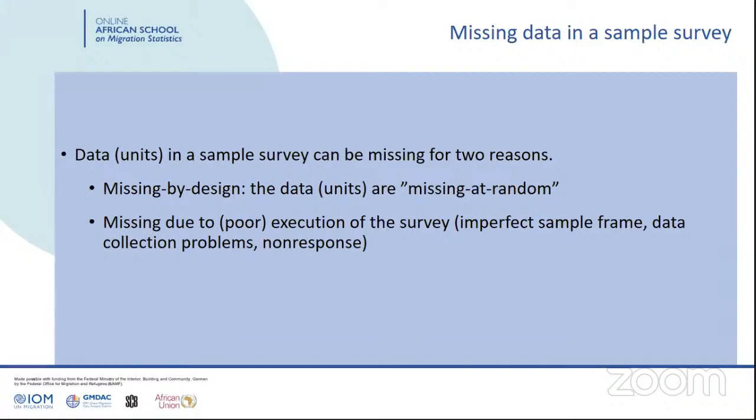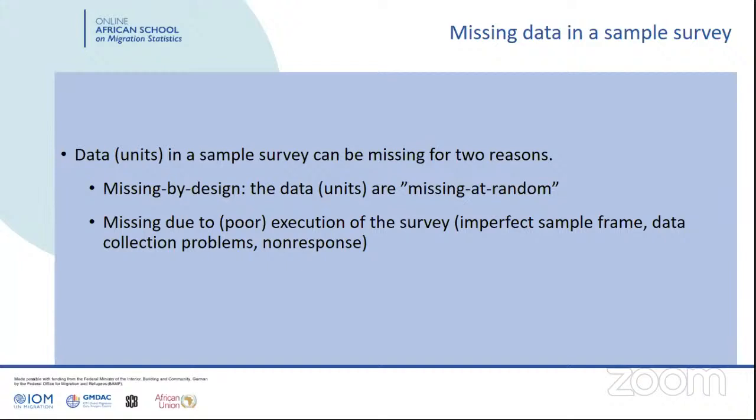But then we have missing units due to other causes. Well, what I call the execution of the survey. We may have an imperfect sampling frame. We may have data collection problems in the field. We don't reach all the sample households or individuals or whatever. And we may have households, individuals refusing to participate in the survey.